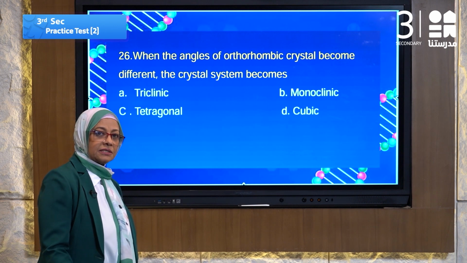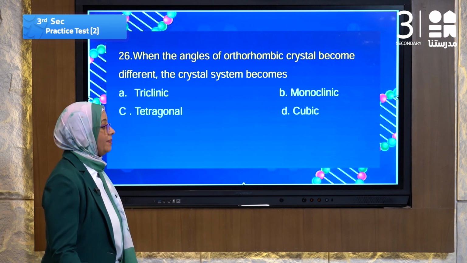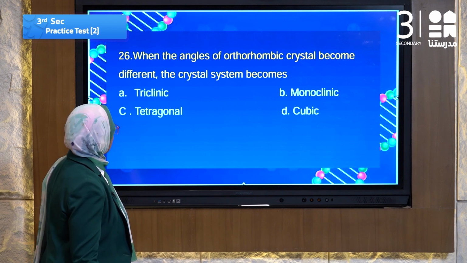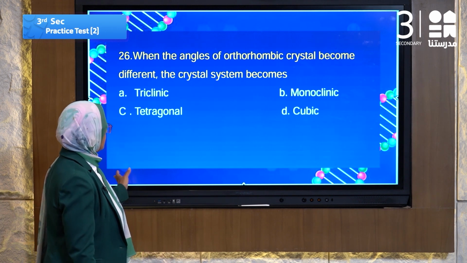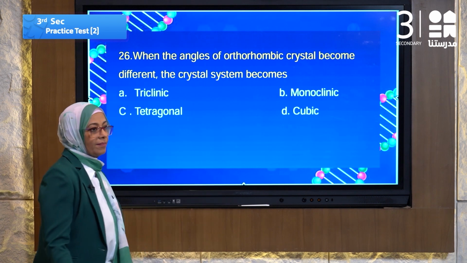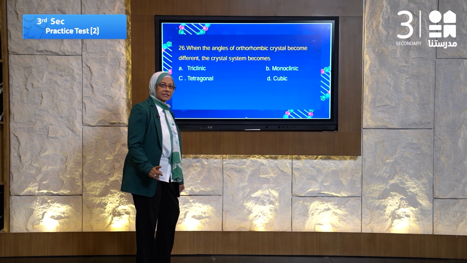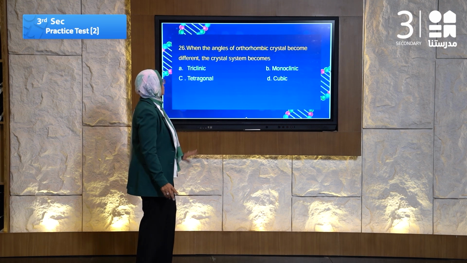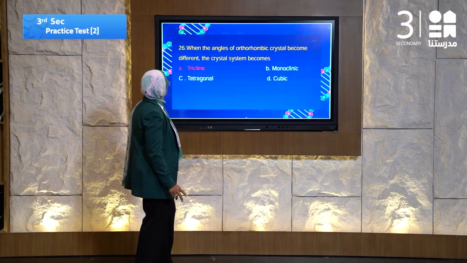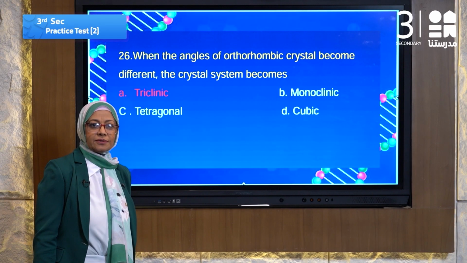If one axis is different or changes from the other, it will become maybe triclinic, monoclinic, tetragonal, or cubic. Which of them is right? The right one, if one axis is different or changed, the answer will be triclinic. Triclinic is the crystal which formed.